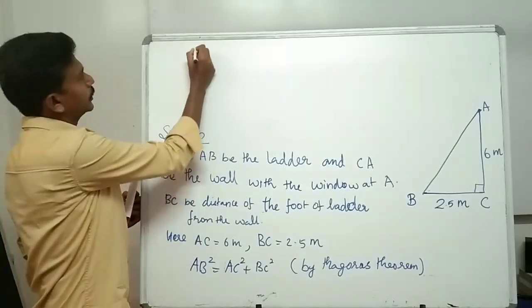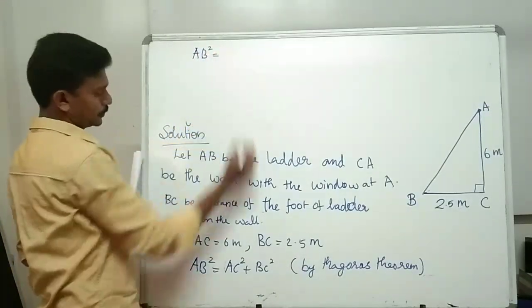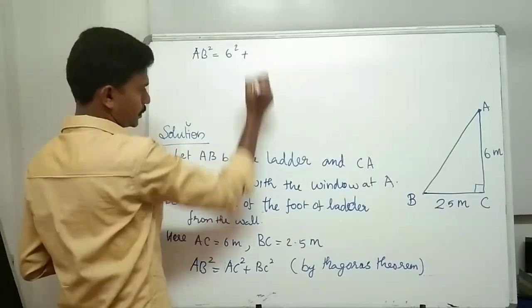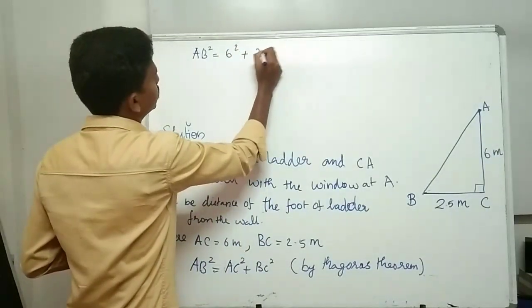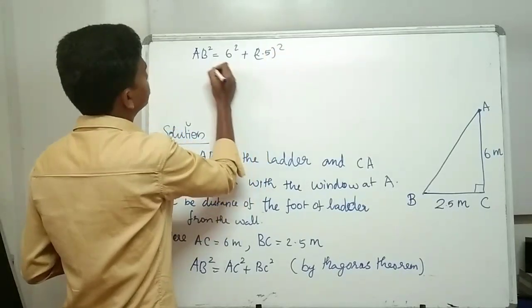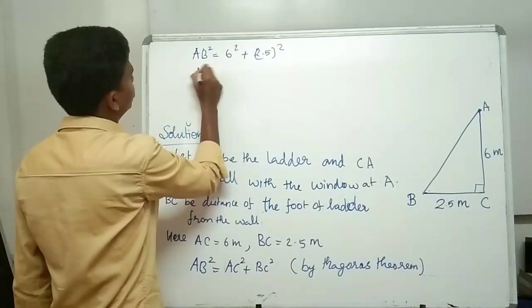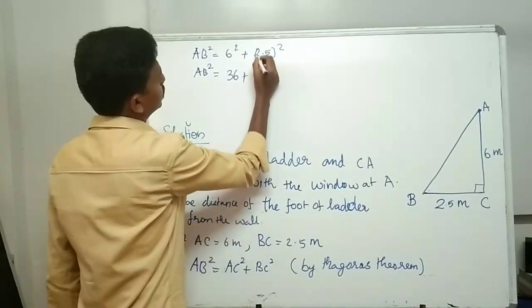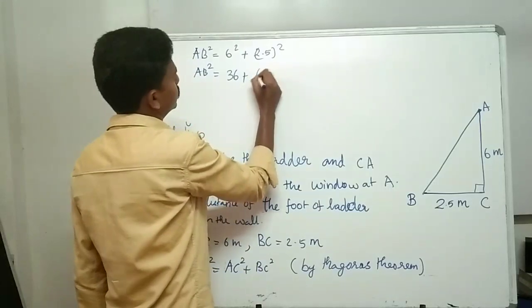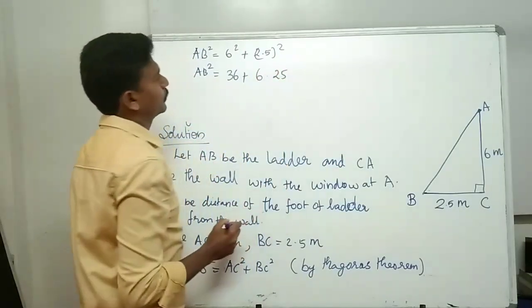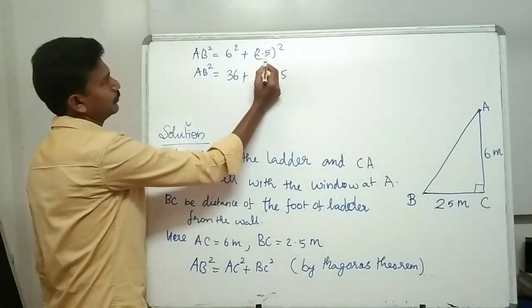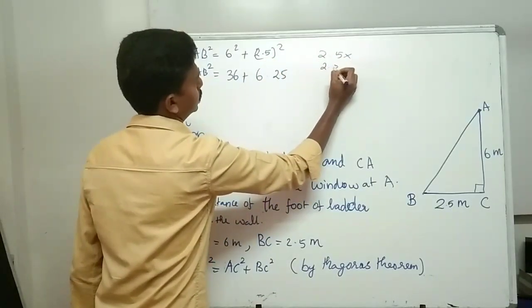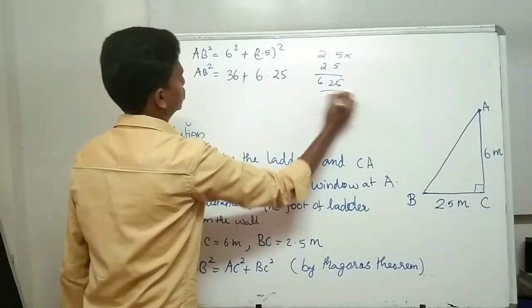So AB square is equal to 6 square plus 2.5 square. 6 square is 36, plus 2.5 into 2.5, which is 6.25.